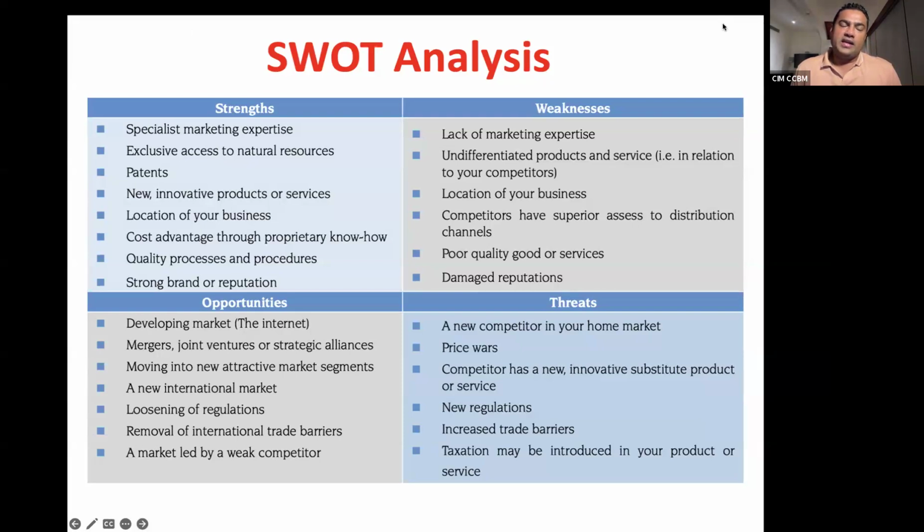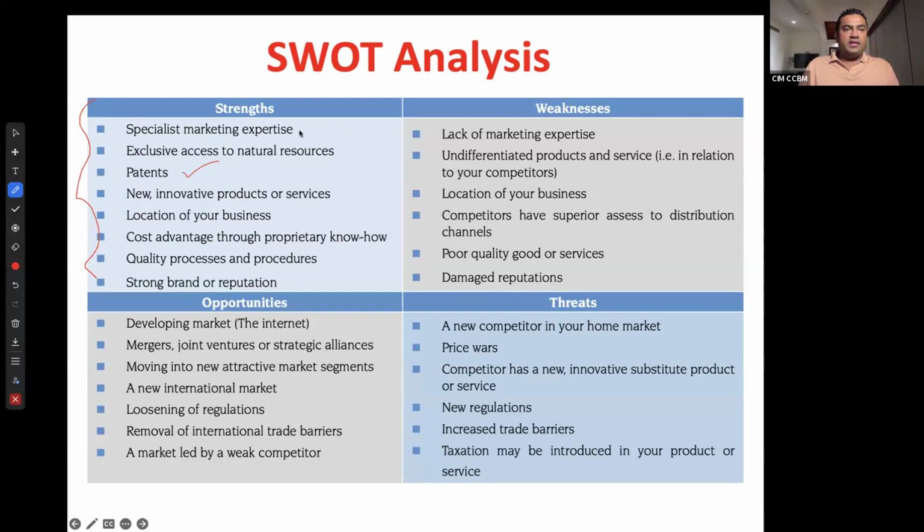Because in a marketing plan, we start with a situational analysis, that is called the SWOT analysis. Another word for SWOT analysis is situational analysis. So you look at the company's strengths. What are the company's strengths, right?